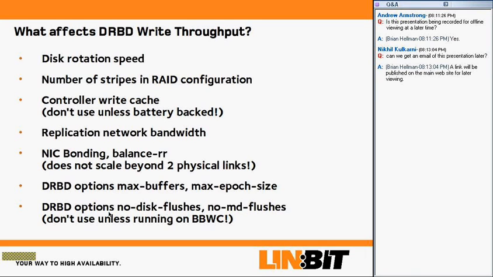The replication network latency basically is dependent on the replication protocol, or actually the data link layer protocol that's being used. As we'll see shortly, Gigabit Ethernet is actually, in some configurations, comparatively slow. Then again, the DRBD options no disk flushes and no MD flushes, for the same reasons as discussed earlier, and also the activity log size.